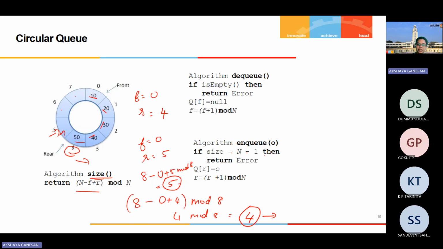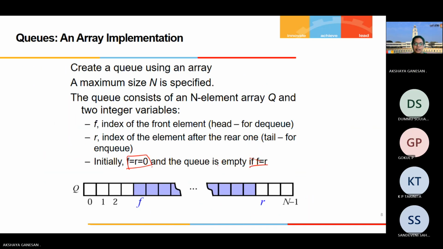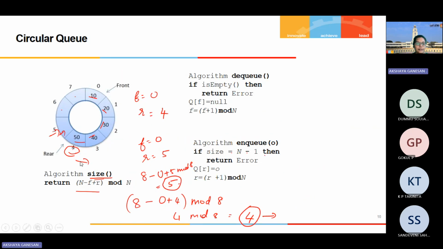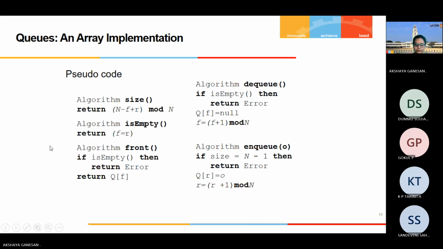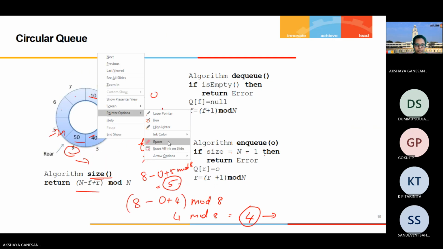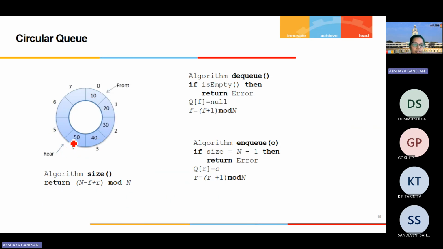If you look at the initialization of the queue, F is equal to R is equal to 0. This rear arrow should be like this, because the empty position is what R will point to. That is why we are comparing with minus 1. Okay. So R is 5.